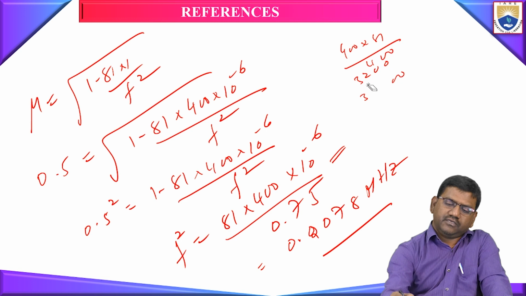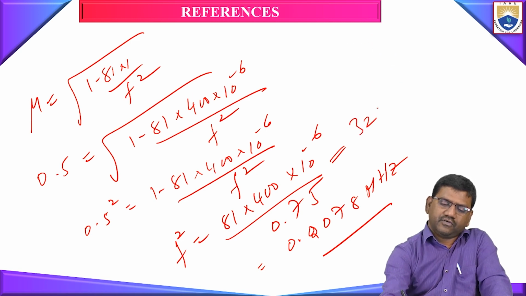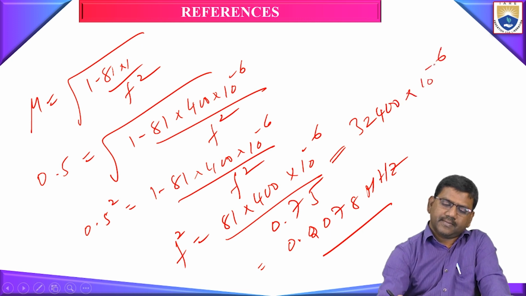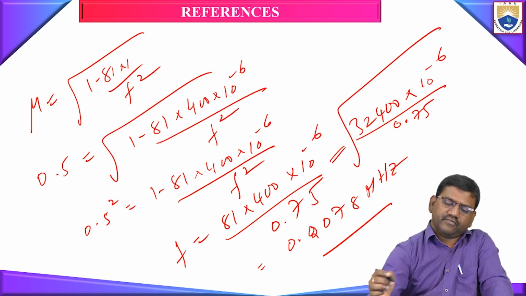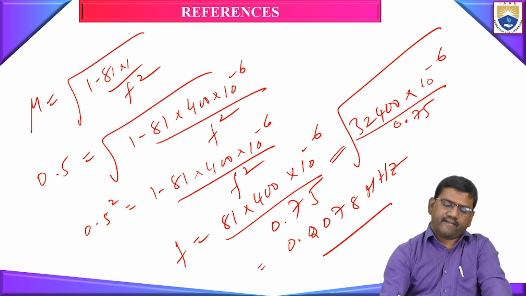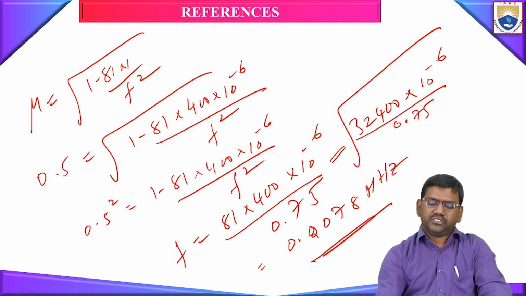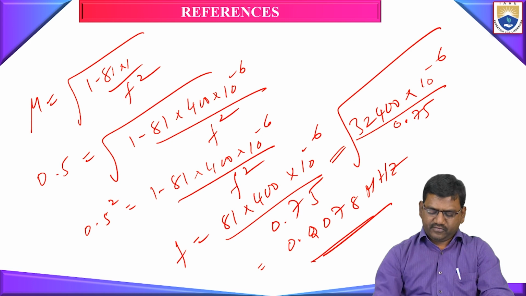So you will get 32,400 into 10 power minus 6 divided by 0.75. If you take the square root here and simplify, you will get the value as 0.2078 mega hertz here.